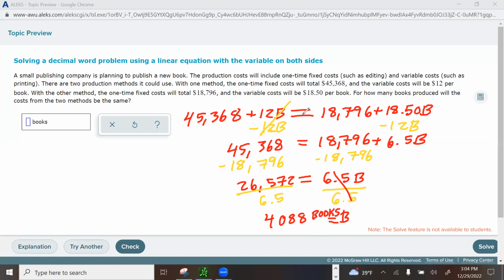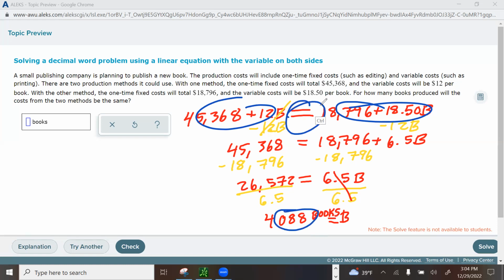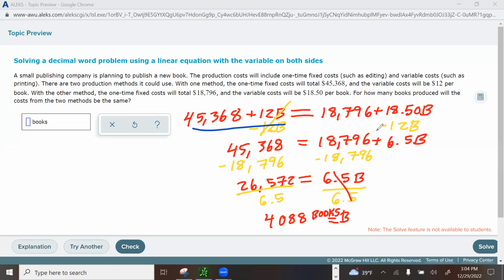So if you're planning on selling about 4,000, 4,100 books, it's not really going to make a difference which of these two methods you use, okay? Because you're going to make about the same amount of money because at that many books, that's where they're equal. But if you're planning on selling a lot more or a lot less, then the method that you pick, whether that one or that one, will certainly make a difference.